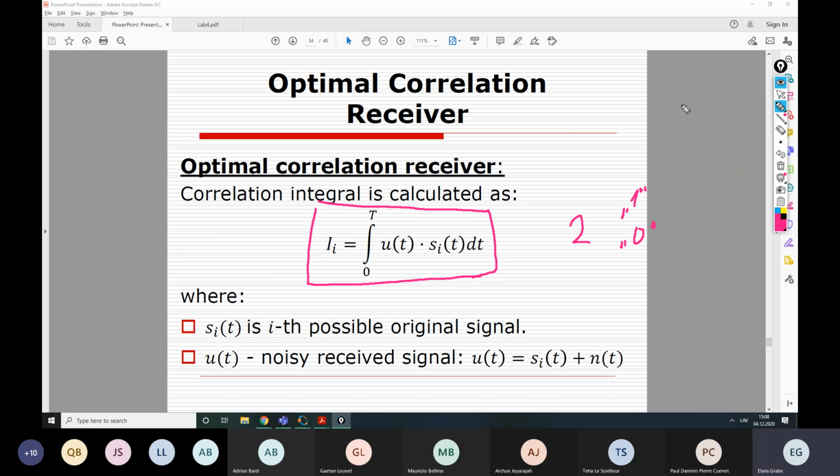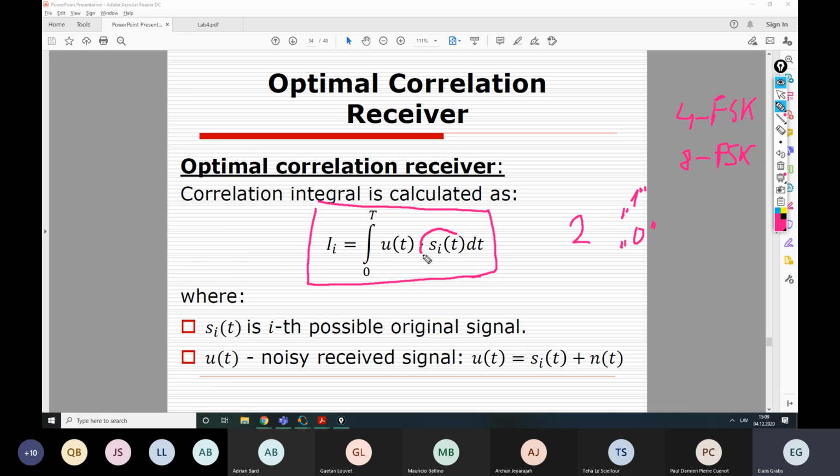But of course, we can consider, for example, 4 FSK systems where we will have 4 different frequencies, and therefore we will need to calculate 4 integrals, or 8 PSK systems, where we would have 8 different signals, and therefore we need 8 integrals, and so on. The idea is universal, right? Independent of how many signals we have. The idea is quite simple.